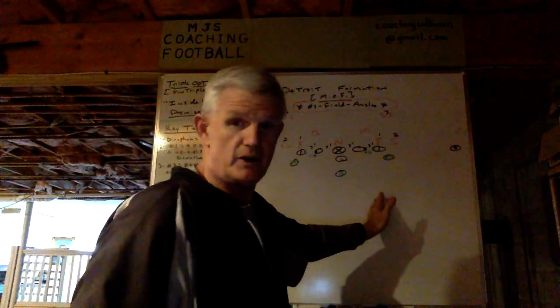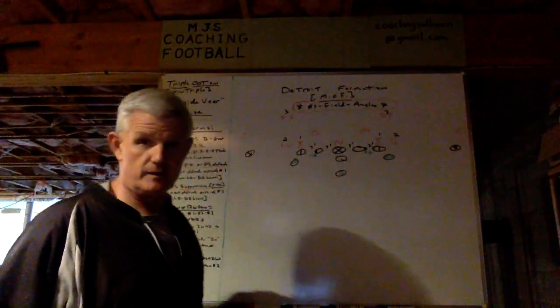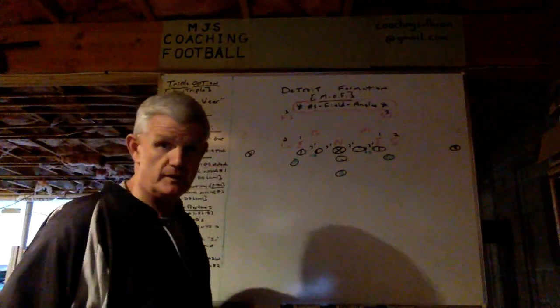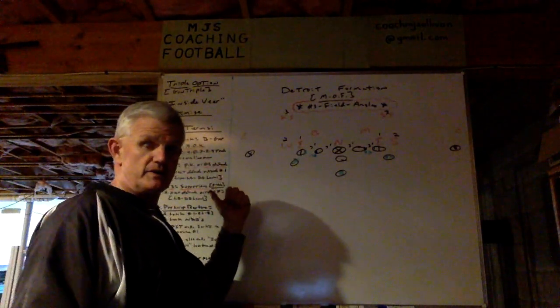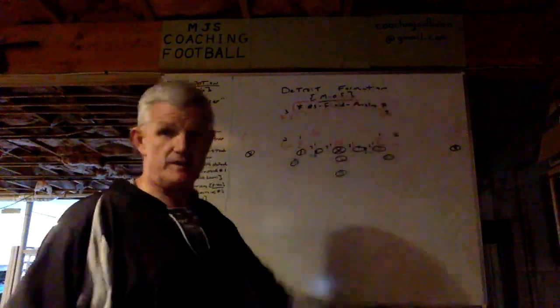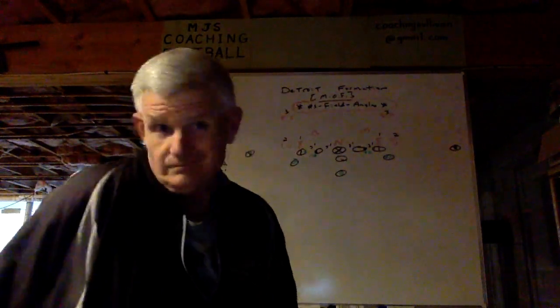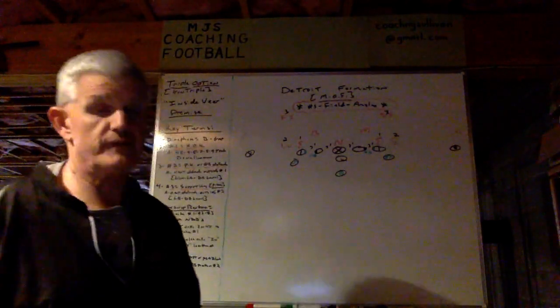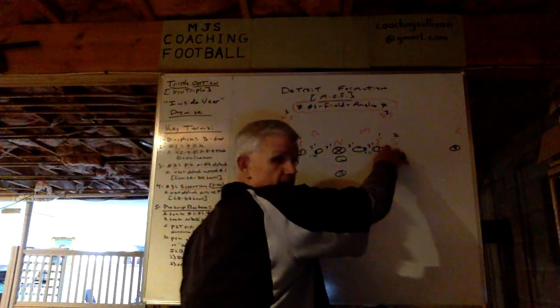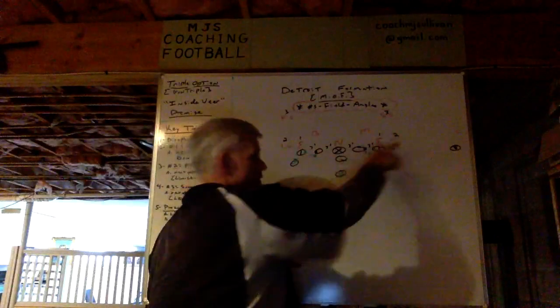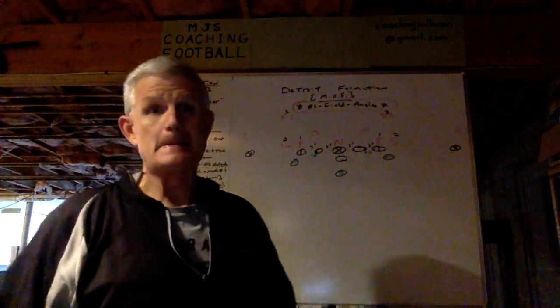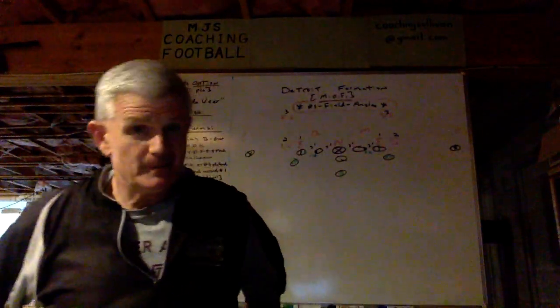And if the ball's on the right hash, we're going to the left, to the big field. If you crank it, so the numbers say we should go into the boundary, that gets us into the boundary. And in future presentations, if it's a 5 technique, handoff key number 1 over here, and a 4-eye over here, we're going to the 5. That's a better angle for us.